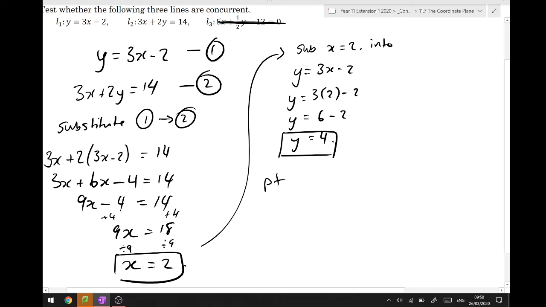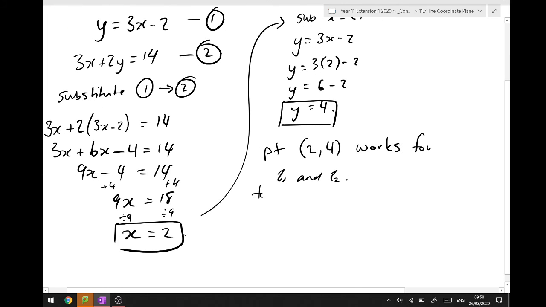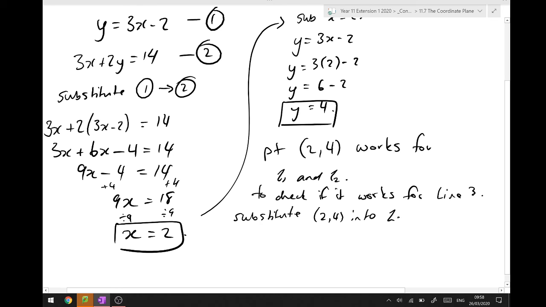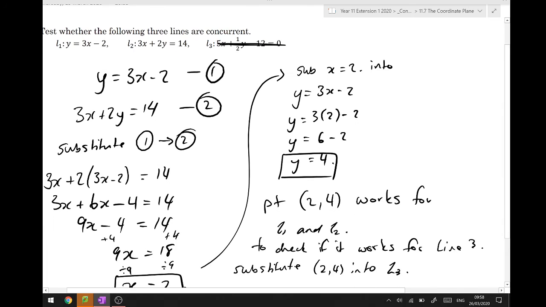Okay, and that is my second part. So the point (2, 4) works for L1 and L2. So to check if it works for line 3, all we have to do is substitute (2, 4) into L3.